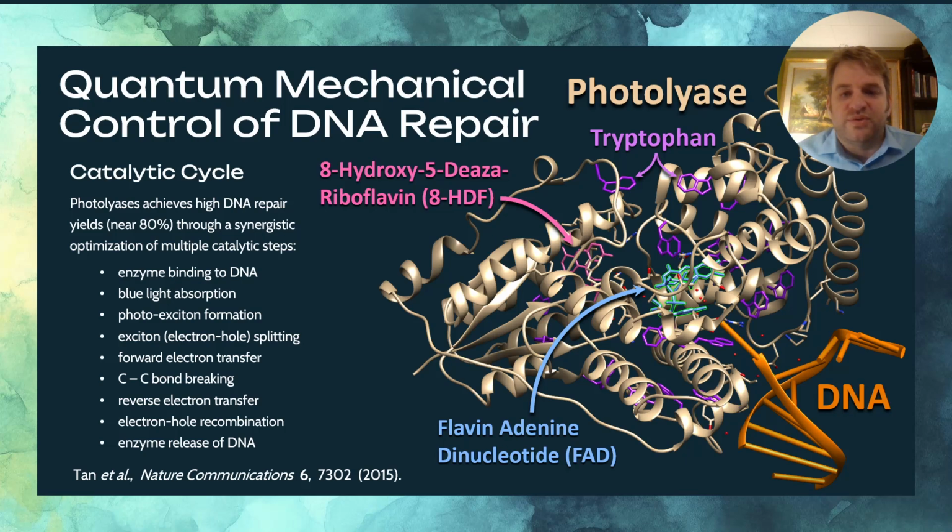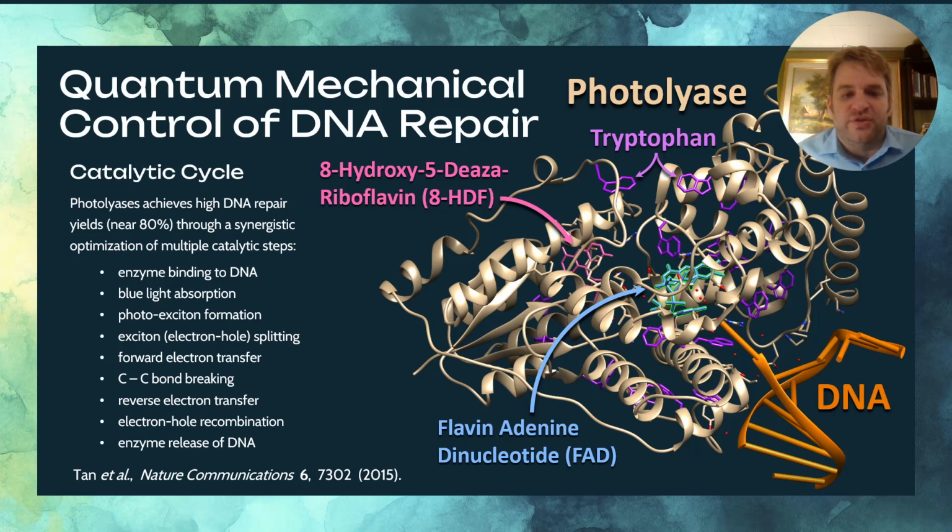This photon produces an exciton, what we call a photoexciton. For the non-physicists in the audience, an exciton is an electron-hole pair. It's an excited electron that leaves a hole in the electron sea, so to speak, when it becomes energetically excited by absorbing a photon.